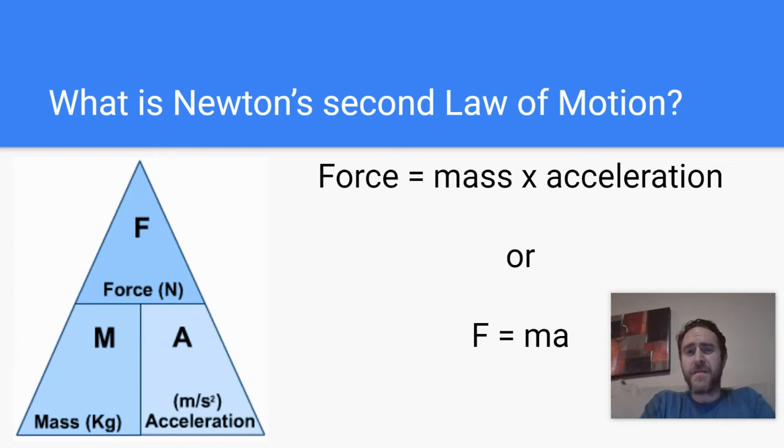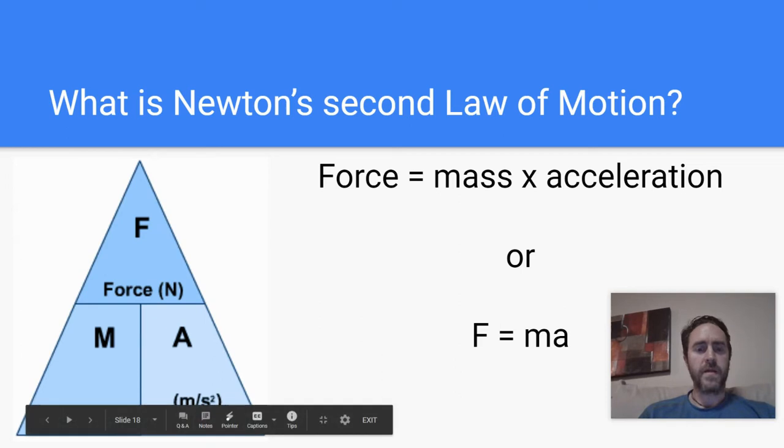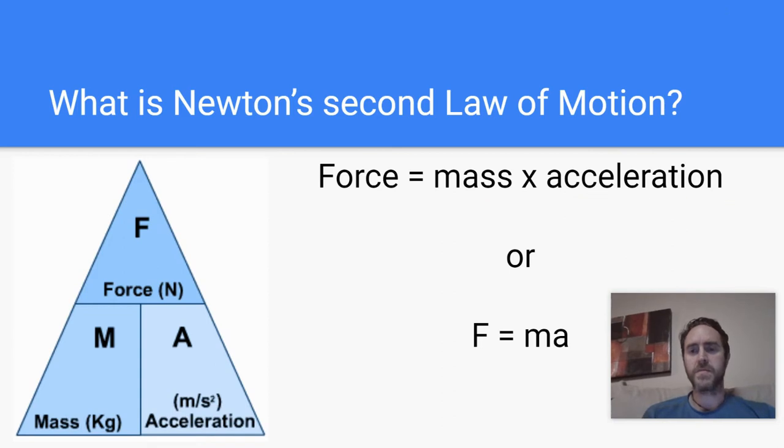Firstly, let's just define what Newton's second law of motion is. Newton's second law of motion basically just states that force equals mass times acceleration. So force equals mass times acceleration.